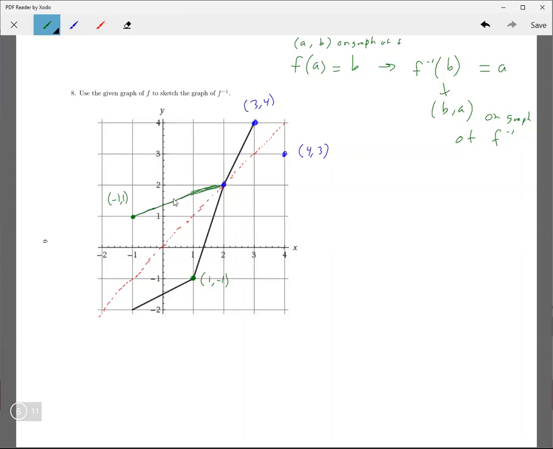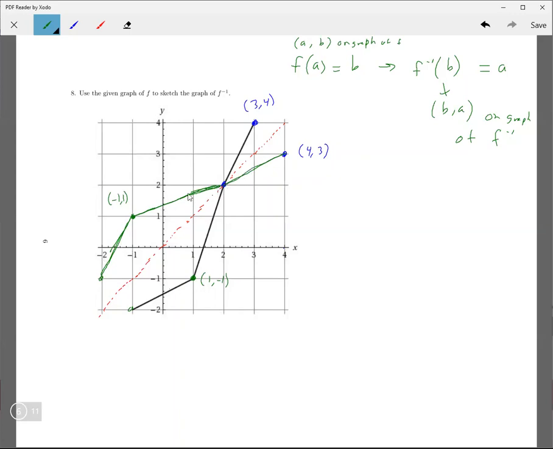So all this gets reflected over to that green one. All this gets reflected over to here. This one gets reflected to there, and all that gets reflected over there. So the answer is going to look like this one right here.